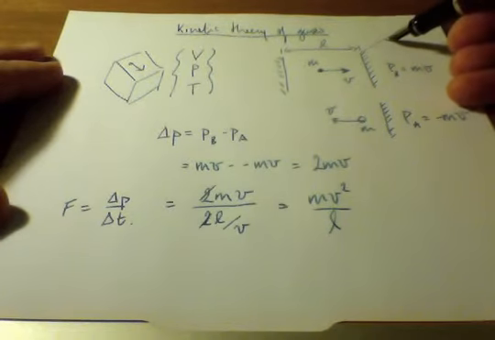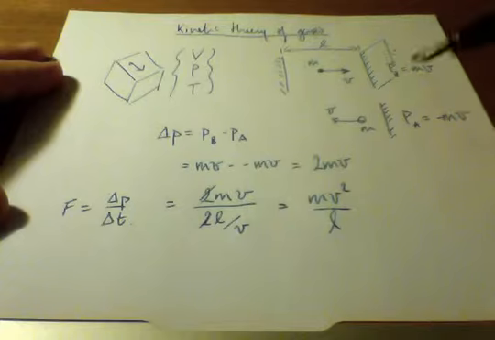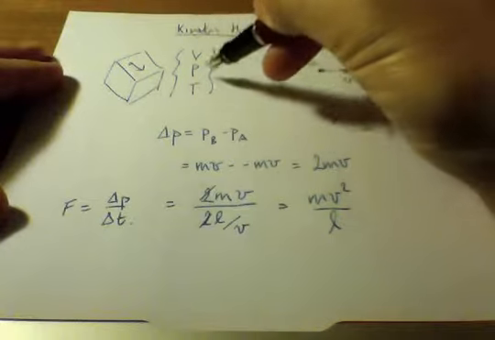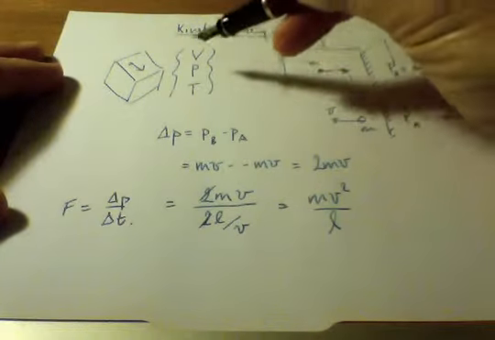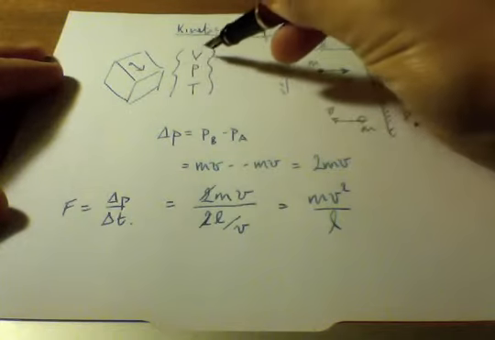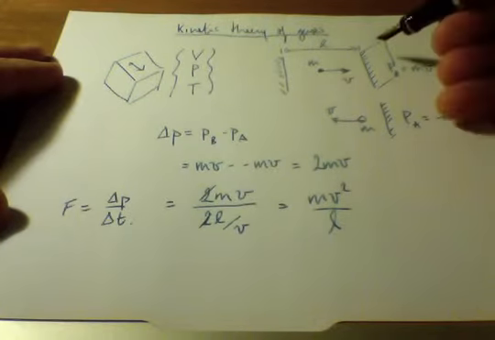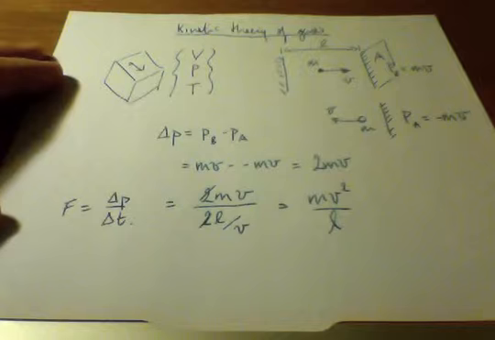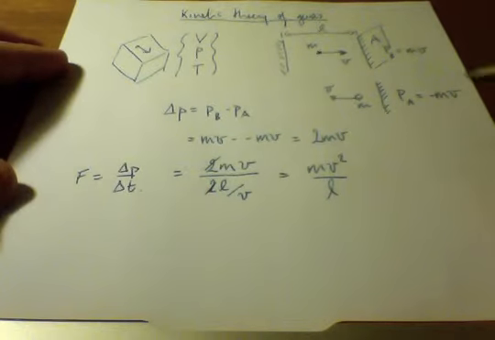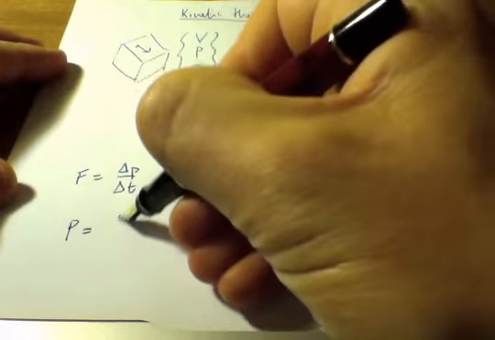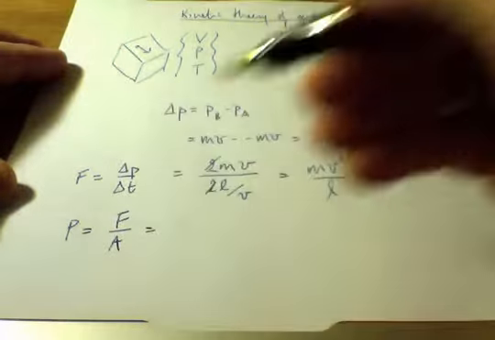But what's interesting is, of course, that we're looking for a pressure, because that's what we've been dealing with in our previous gas laws and ideal gas equation values. So if we imagine that that wall has an area A, the pressure which is exerted is going to be the force divided by the area.